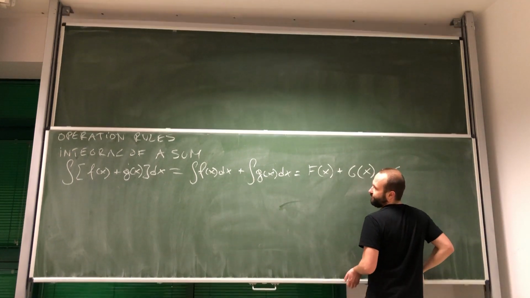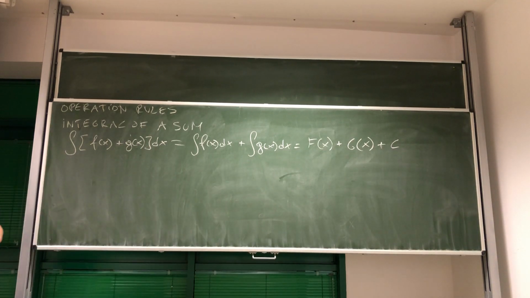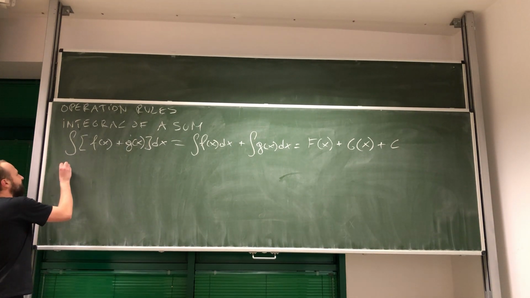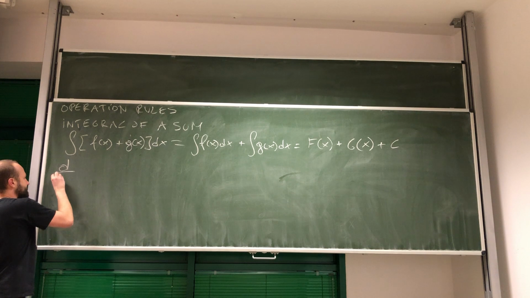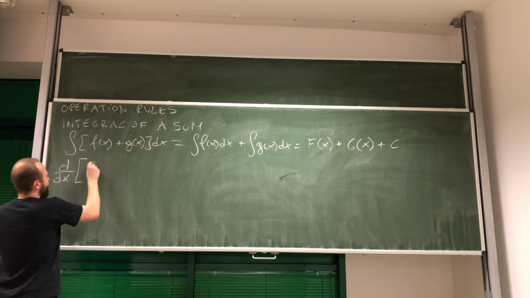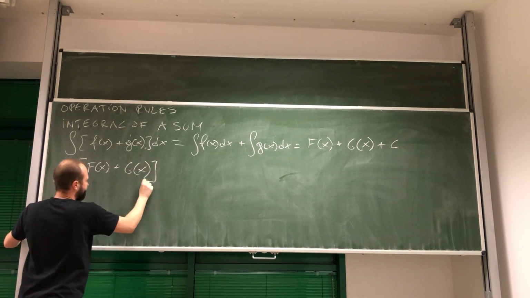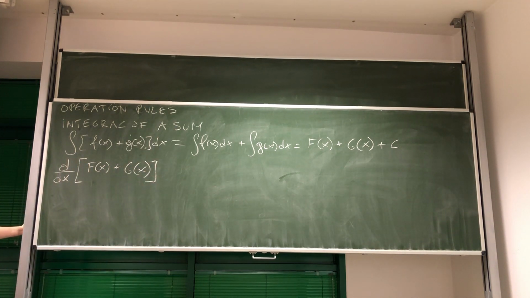Okay, so we're going to prove this rule, and in order to prove it we're going to use things we already know. So, if I take a derivative of a sum of two functions, f of x plus g of x, what am I going to get?